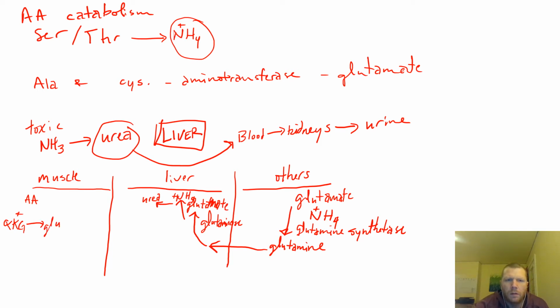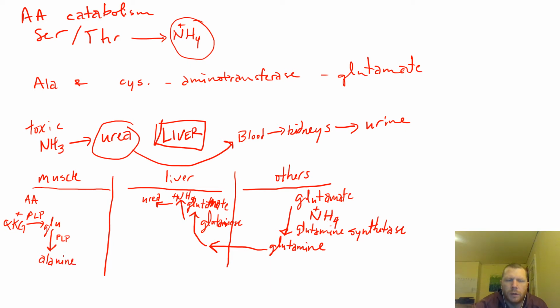Okay, that glutamate can serve as the molecule where we do a PLP dependent transamination, a second PLP dependent transamination where we make alanine.